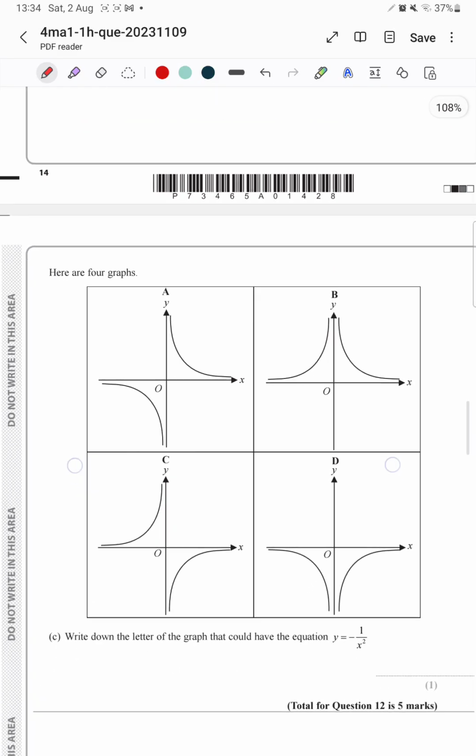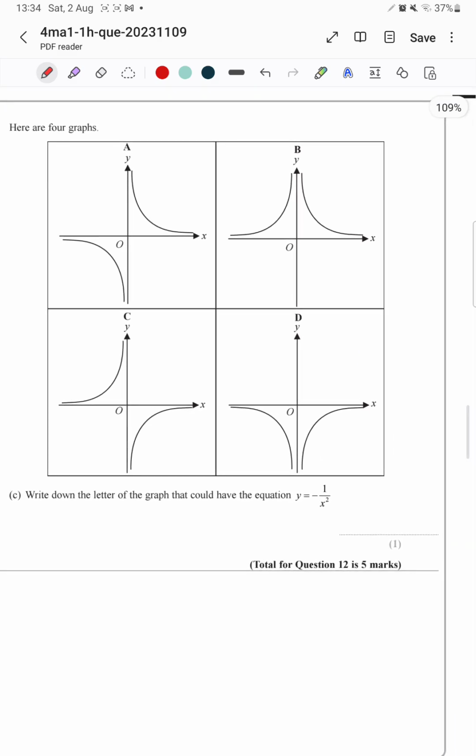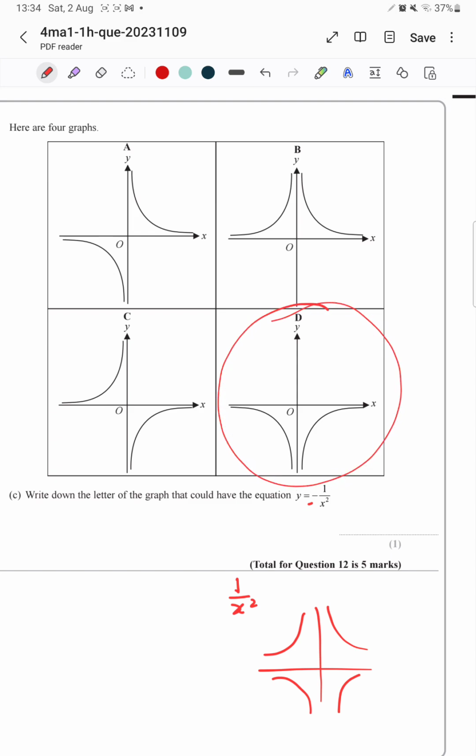Next question is, here are the 4 graphs given. Write down the letter of the graph that could have the equation y equal to negative 1 over x square. Normally when you have a 1 over x square function, they have the form like this or like this. Here, because it is negative, this is the corresponding graph.